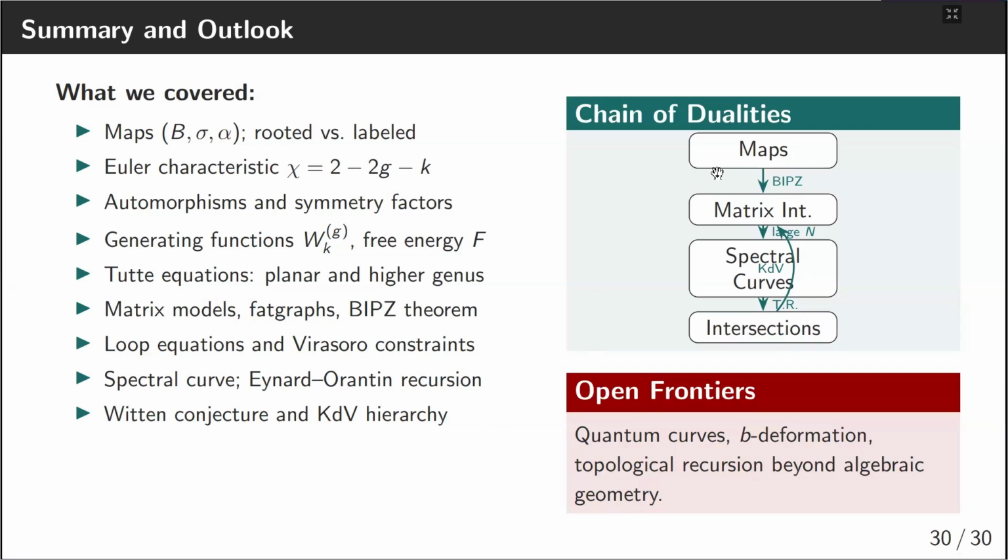So we can see the dualities. Maps go to matrix integrals by Bibb's, and when N is large, we talk about spectral curves, and then the intersection numbers. We have open frontiers: quantum curves, topological recursion beyond algebraic geometry. So this is my talk.